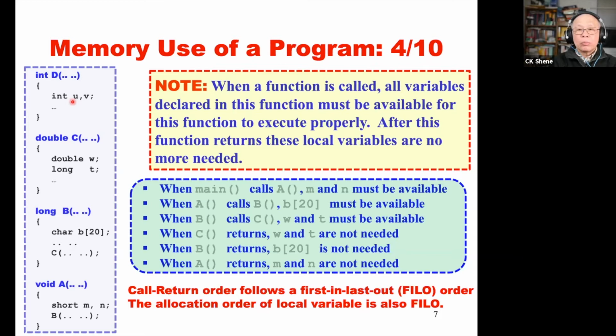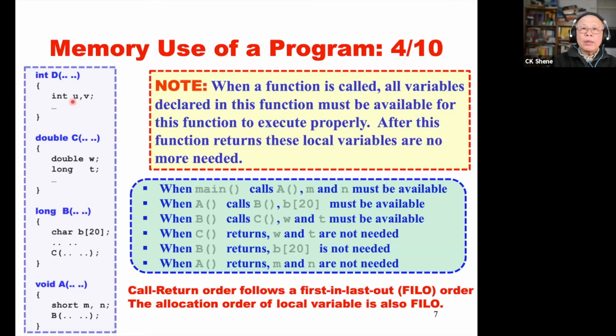So we can immediately derive the following concept. When I call a function, all local variables of that function must be there for that function to use. After that function returns, do I have to keep those local variables of that function there? Definitely not, because I'm not going to use them.